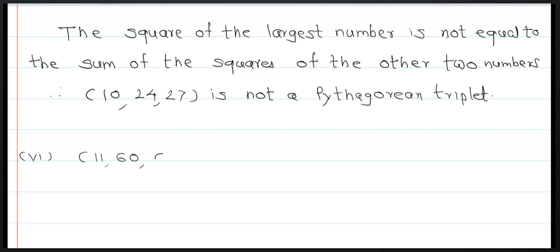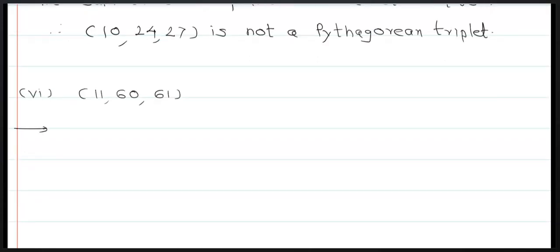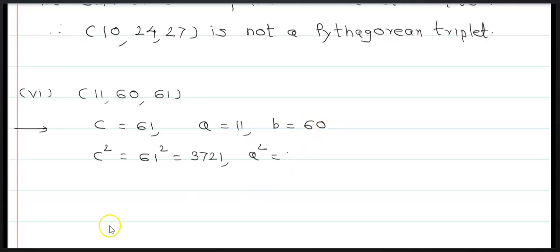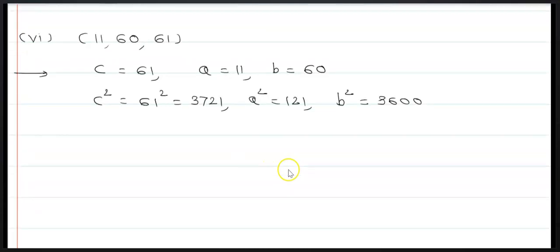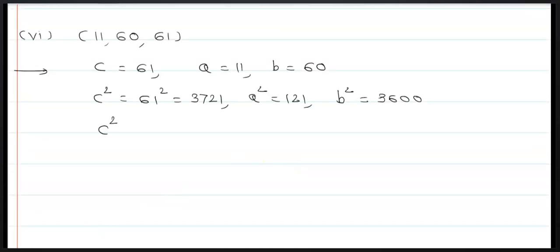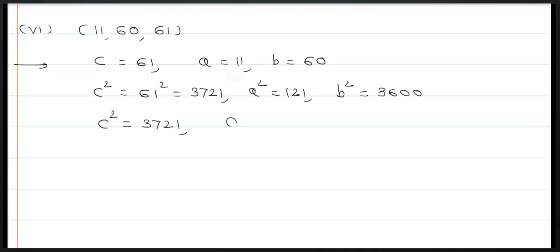Now the next example is 11, 60, 61. C is 61. We always take C as the biggest number. A is equal to 11. B is 60. C square is equal to 61 square, 3721. A square is 121. B square is 3600. C square is equal to 3721.